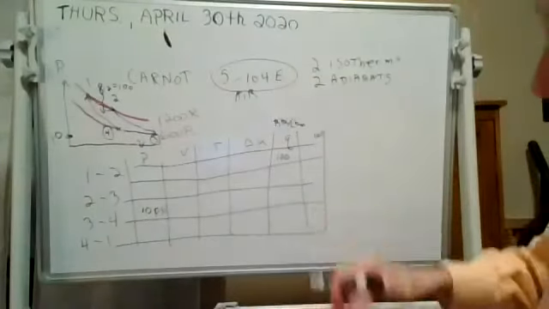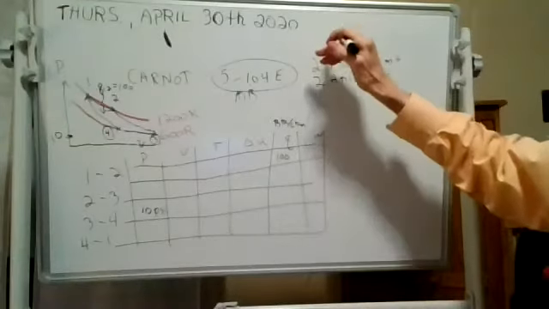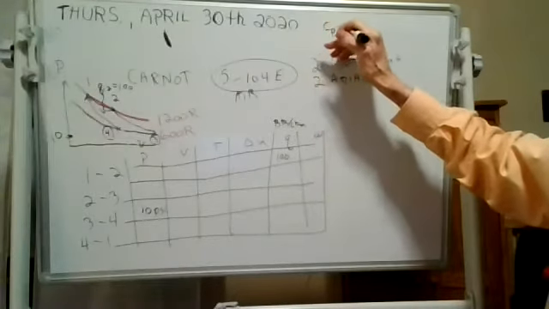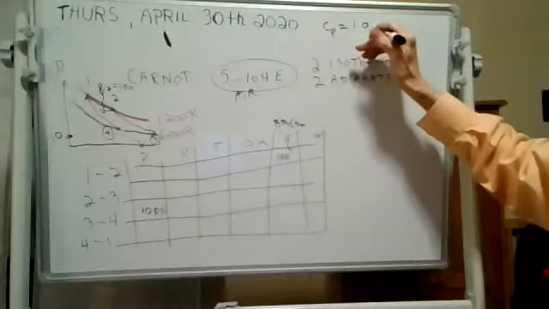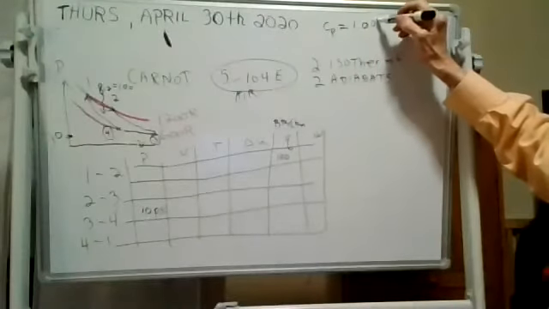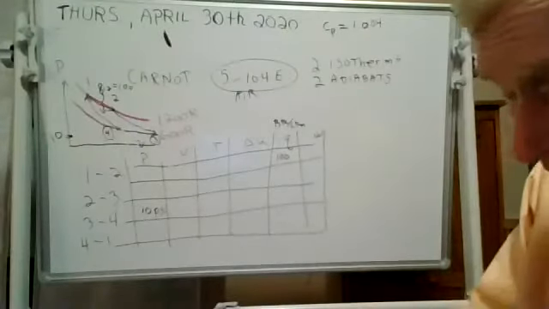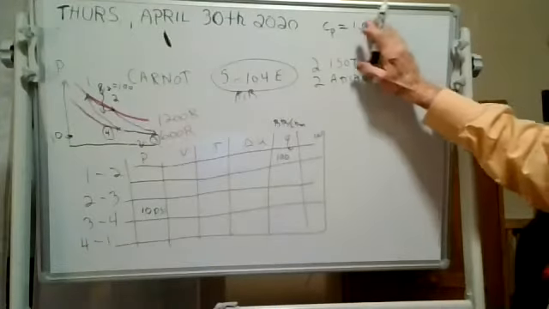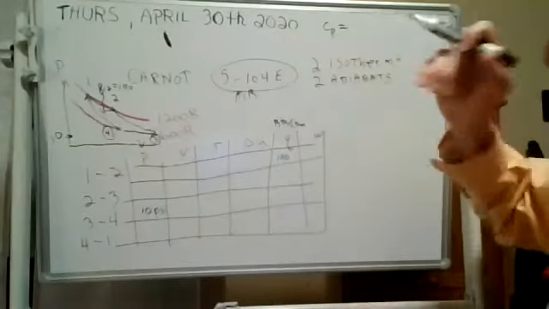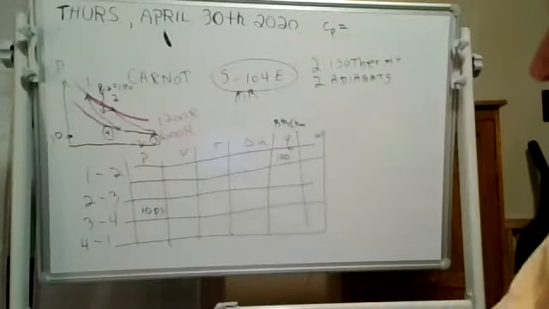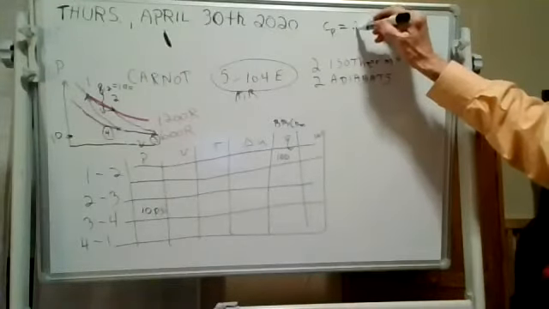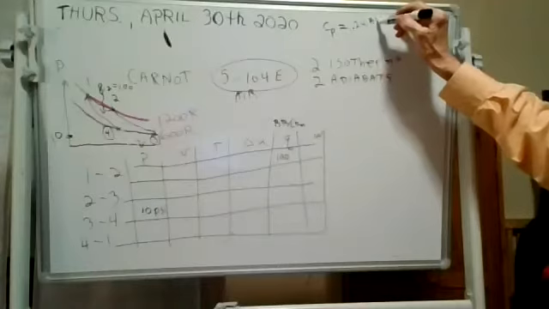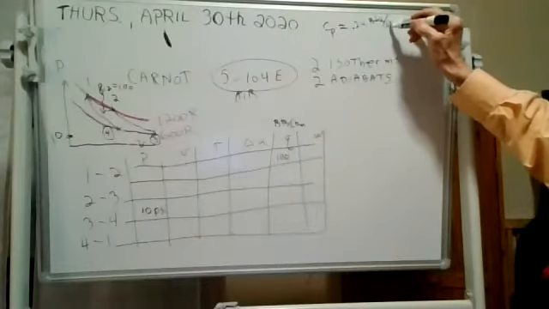We're going to use CV and CP. And you guys remember what those are. CP for air is 1004. Wait a minute. That's metric. We can't use metric. We're in English. That's 0.24 BTUs per pound mass Rankine.